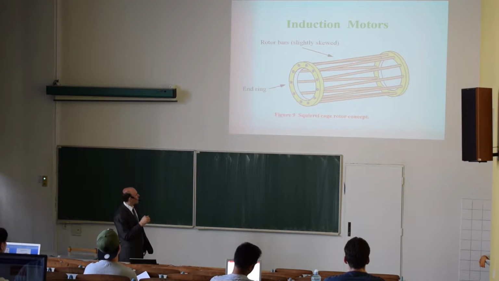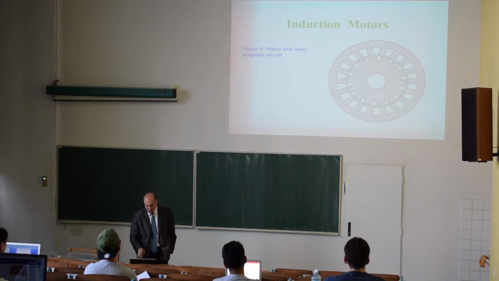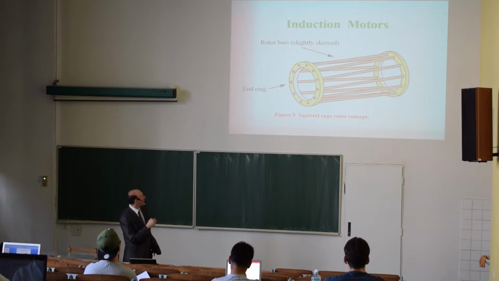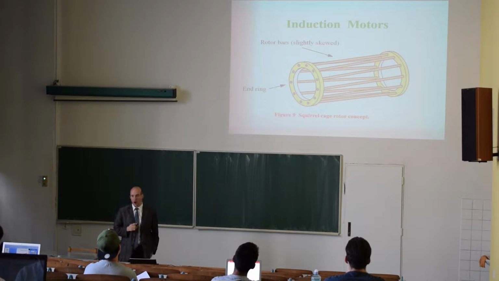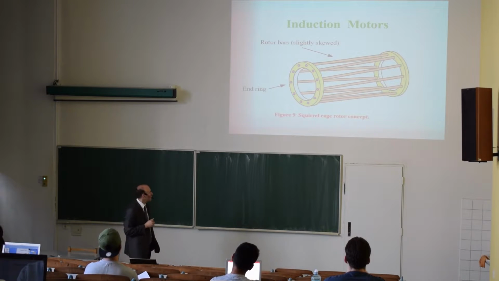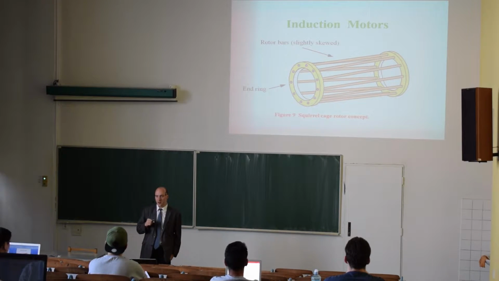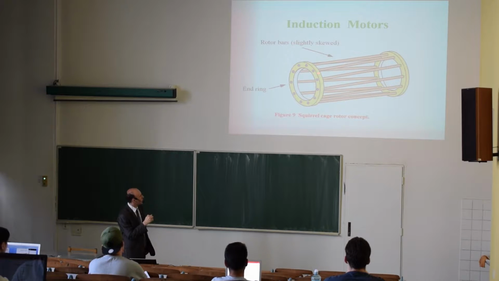So this acts as a winding in the rotor, and those bars are placed in those slots. We can also see that there is a slight skew of the rotor bars. The reason why we have this skew is that this arrangement will provide a more uniform torque around the revolution. So you have smaller torque ripple in a motor like this. In principle, you could of course make it straight, but then the torque ripple would be higher.